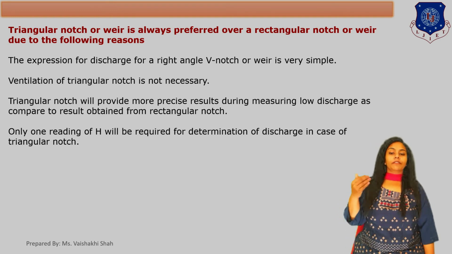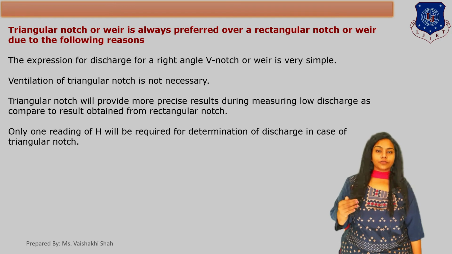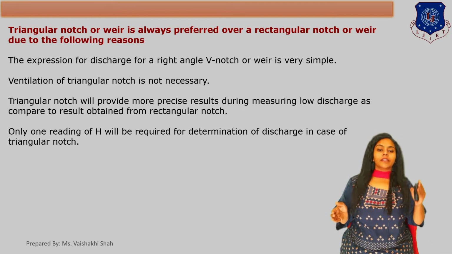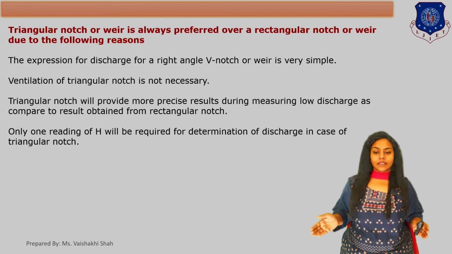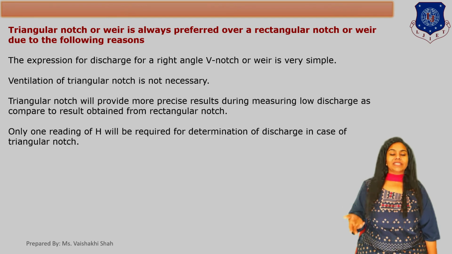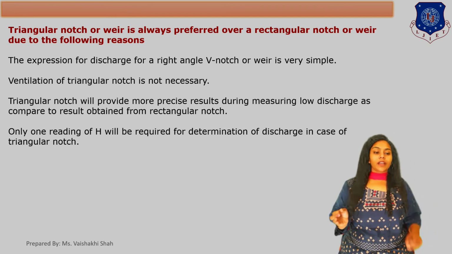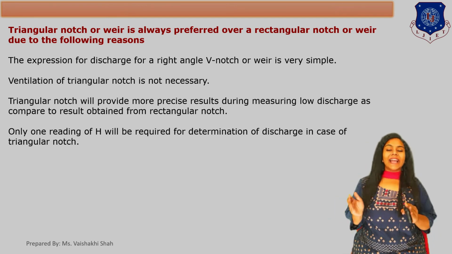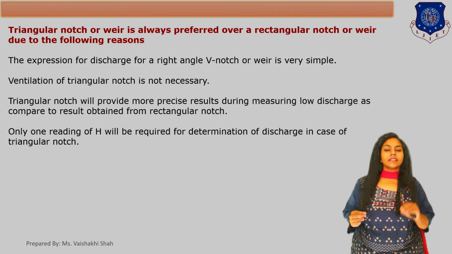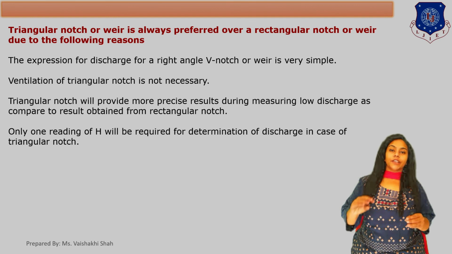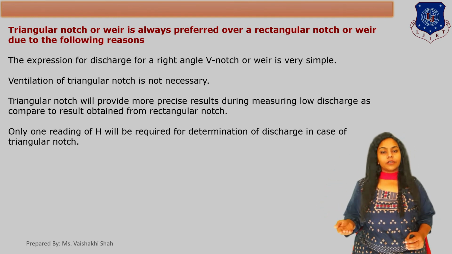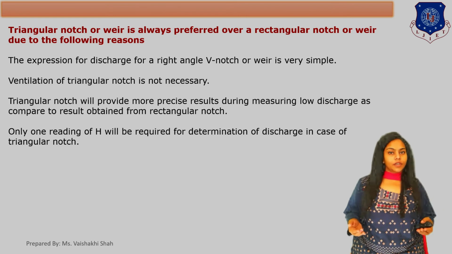The ventilation of a triangular notch is not necessary. A triangular notch will provide more precise results during low discharge as compared to a rectangular notch, even for small quantities of discharge.